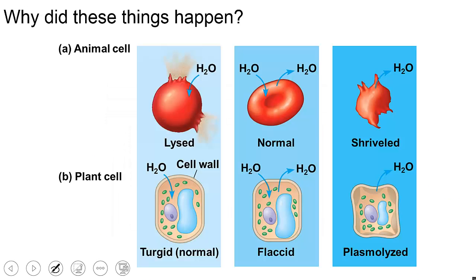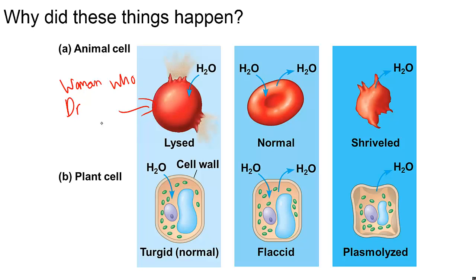And that's the same thing that happens to us, right? So if you need to remember this, this is the woman who drank too much water, right? And her cells exploded. Because she drank a ton of water, and we needed to make the amount of stuff equal.